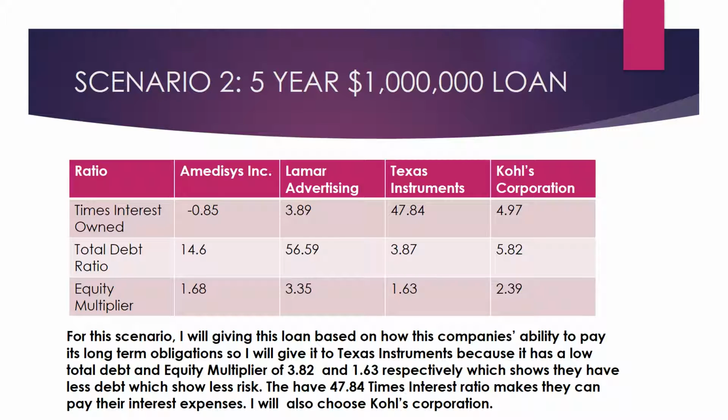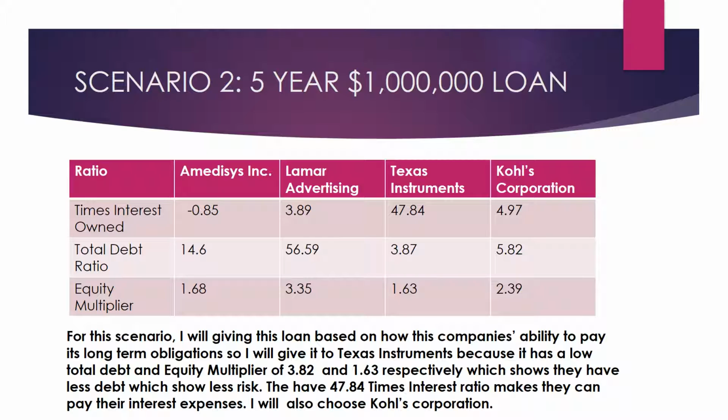For the total debt ratio, Amadis's had 14.6, Lamar had 56.59, Texas Instrument had 3.87, Kohl's had 5.82. For the equity multiplier, Amadis's had 1.68, Lamar had 3.35, Texas Instrument had 1.63, while Kohl's had 2.39.